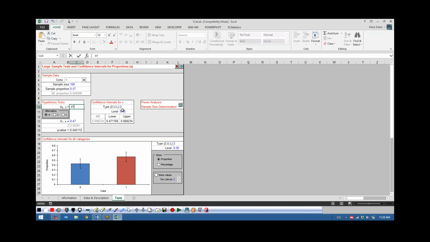Let's make it 0.473 again to drive home this point. I guess it's not exactly true, but it's darn close. If it's inside this confidence interval, that means you can't reject. That means there's an equivalence between these two things.